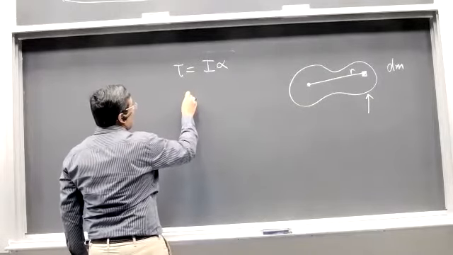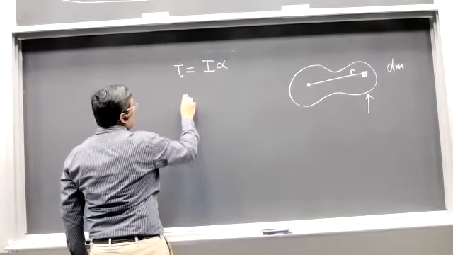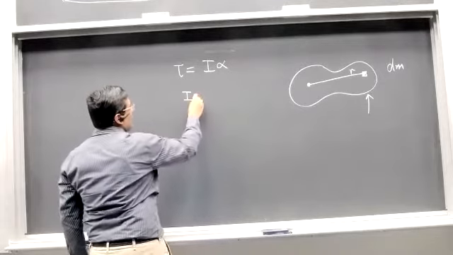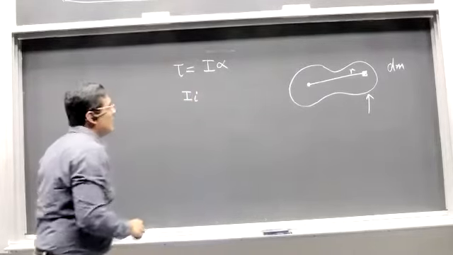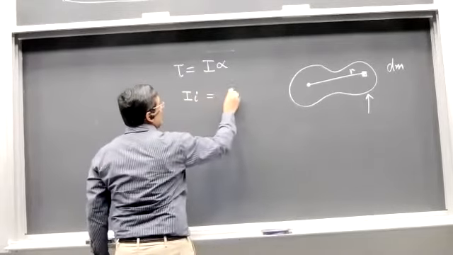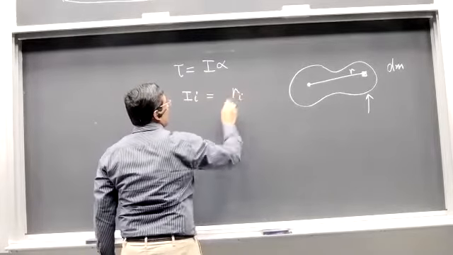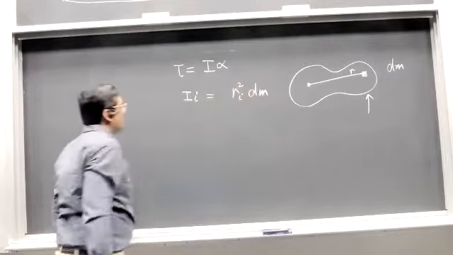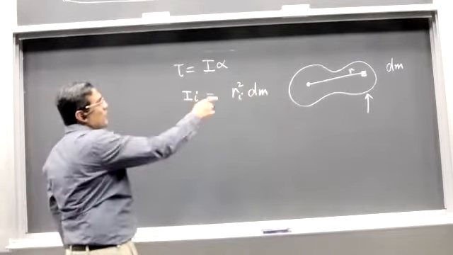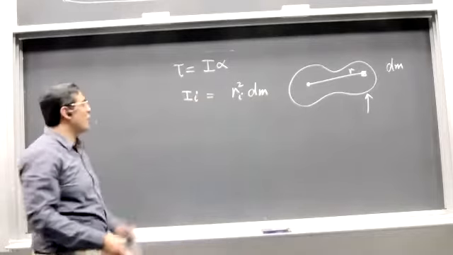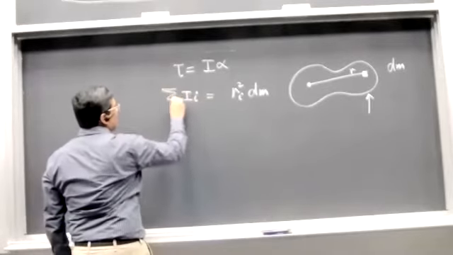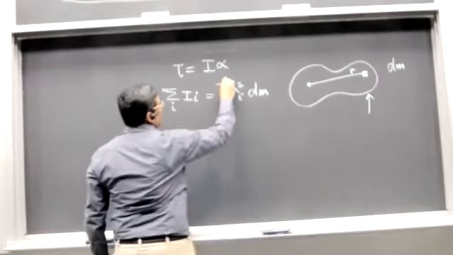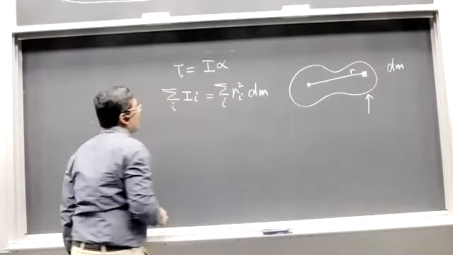So let's say that is the ith particle, and its contribution is r_i squared dm. Then to calculate the moment of inertia of every point in such an object, you must sum over i.